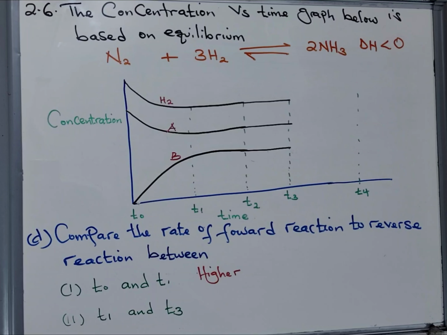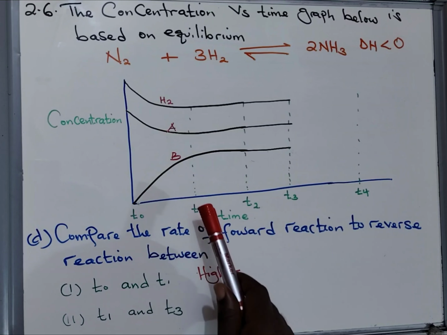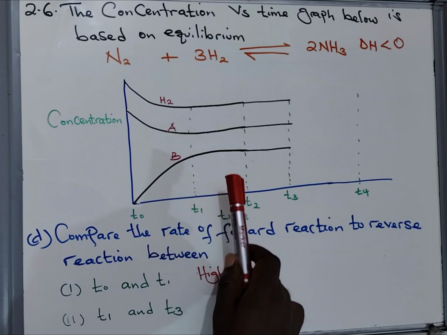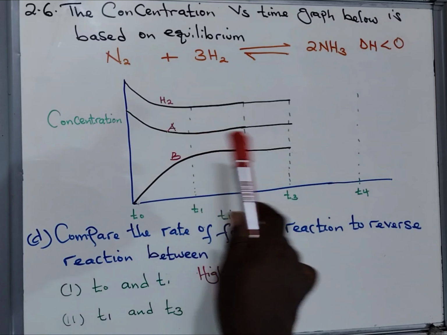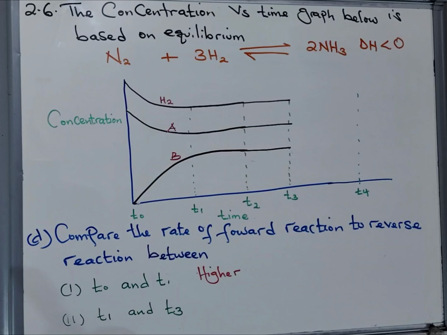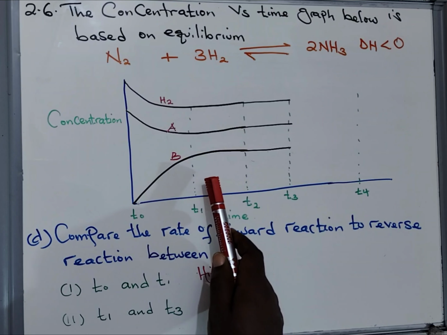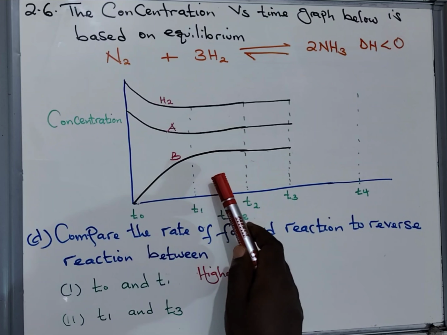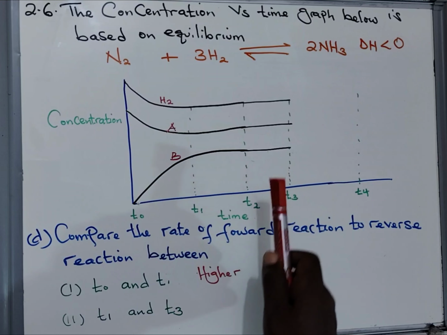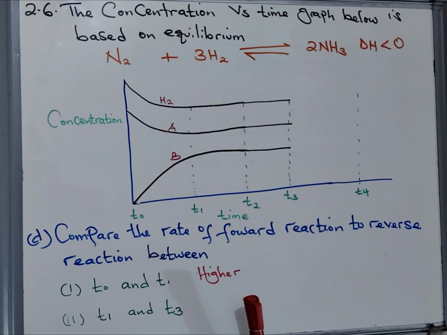The answer is equal, because between here, what we are observing is that the lines are horizontal. Horizontal lines represent equilibrium. And what does equilibrium mean? It means a stage during equilibrium reaction when the rate of the forward is equal to the rate of the reverse. So the answer is equal.